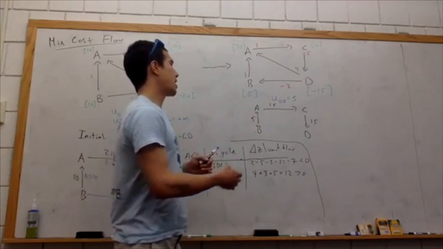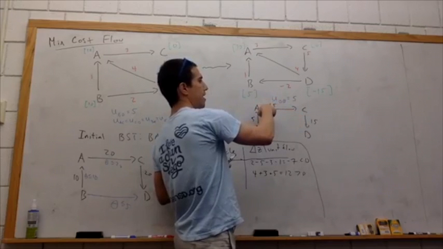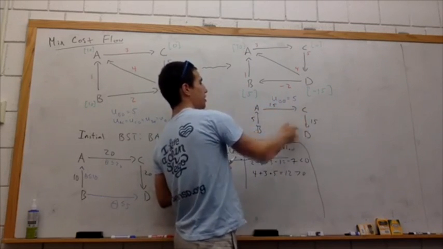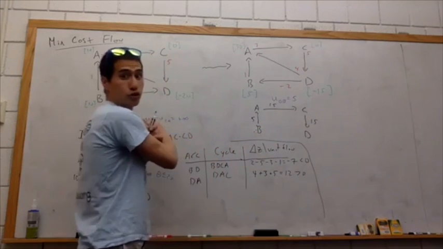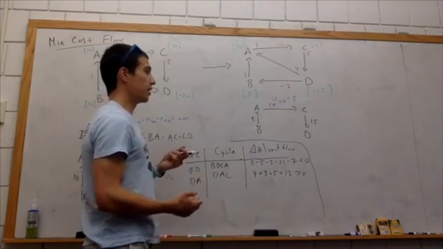So what do I need to check? I need to check if adding flow through this arc D to A is going to decrease my cost, or if adding flow through this new arc D to B, or you can think of it as reducing flow in the previous example, is going to decrease my cost.